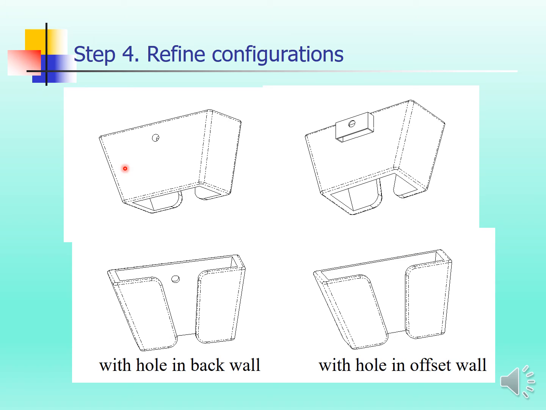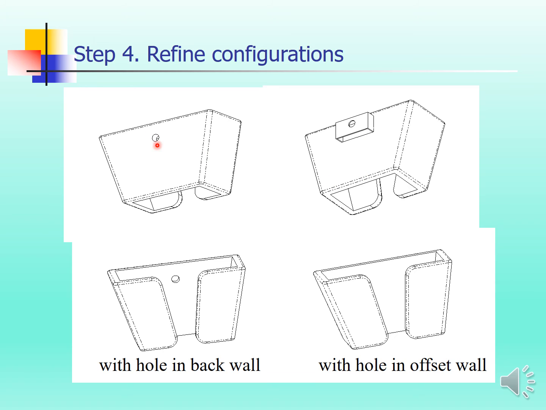Here is the idea of how to define the configuration. We have some shapes here. Here it is just straight at the wall. Or you put the hole with an offset wall.